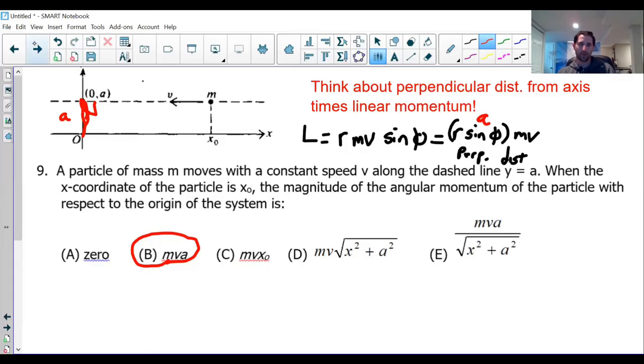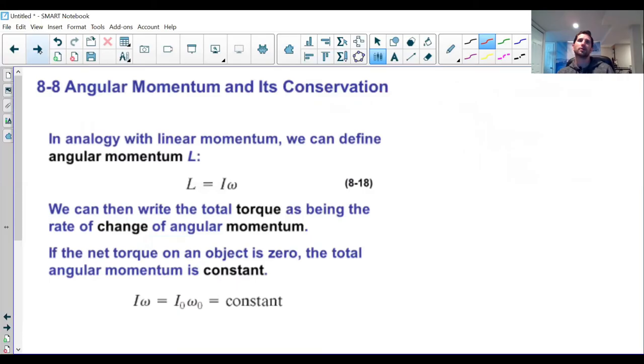Okay. One last thing. Most of what you're going to talk about in AP with regards to angular momentum deals with rigid objects. So when you have a rigid object that's spinning, we can write its angular momentum this way.